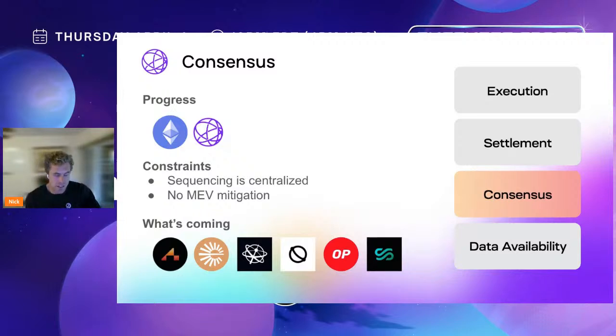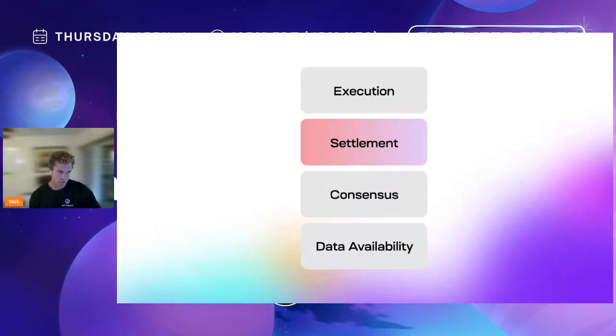And some of these teams, at least Astria, I know, and also Radius, are building in different MEV tooling. Radius has things like threshold encryption for their mempool, and Astria has things like MEV-Boost or Flashbots-esque MEV tooling. So a lot of these are quite close to launch, and this is going to really level up the sequencing game for the ecosystem.